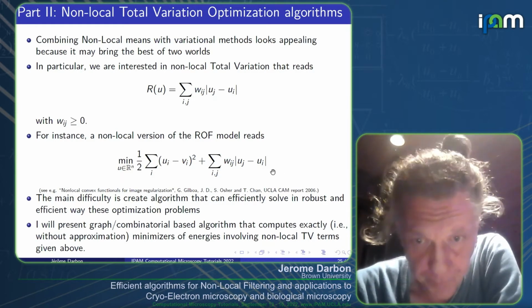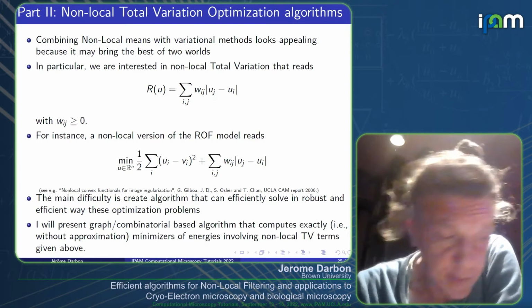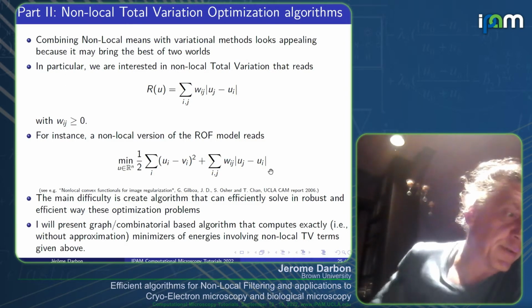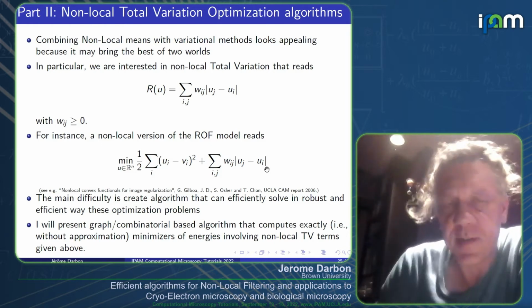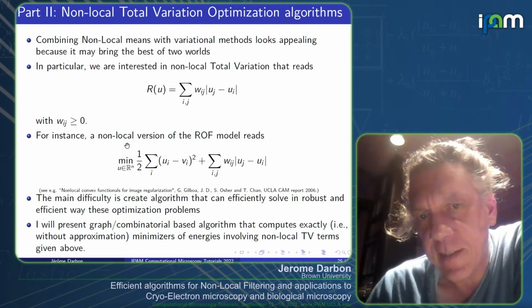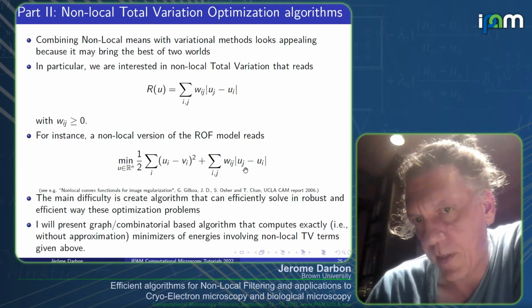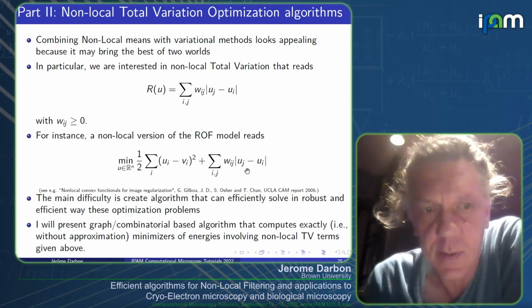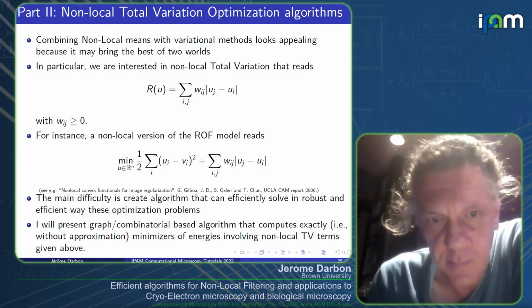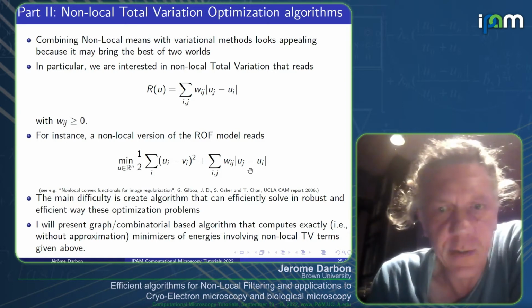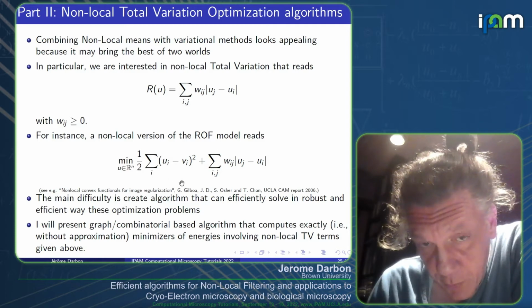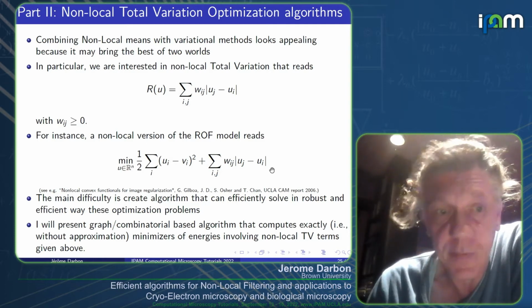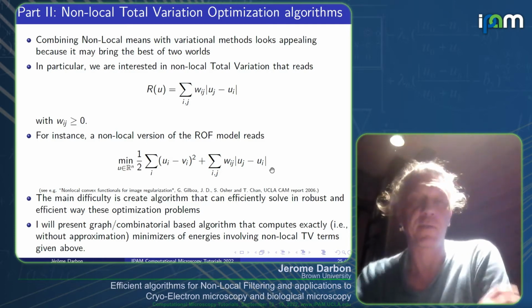these energies? And what I'm going to show you now is that we can optimize and solve exactly these optimization problems by using some graph and combinatorial techniques to map this original problem into graph algorithms.